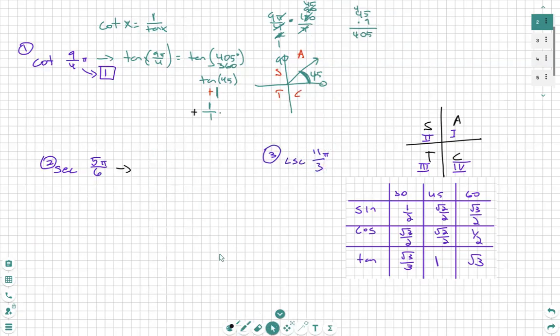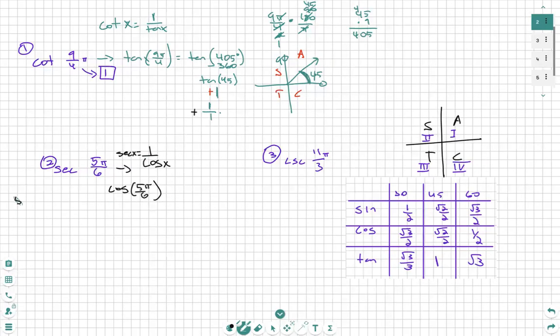I wrote secant, so let's rewrite that: 1 over cosine. So what we need to do is find the cosine of 5π/6 and find the reciprocal of that. Secant of x is equal to that.